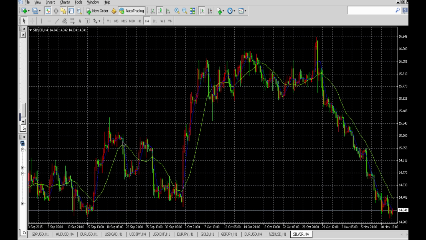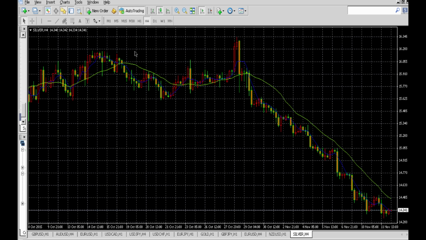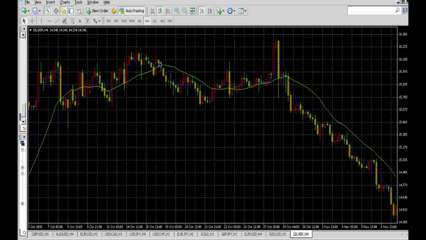The crossover is when, like right here, the blue line crosses the green line, or the 5-day period crosses the 20-day period. This is where it indicates a shift in the trend. And when the blue line crosses upwards, that shows an uptrend is forming.